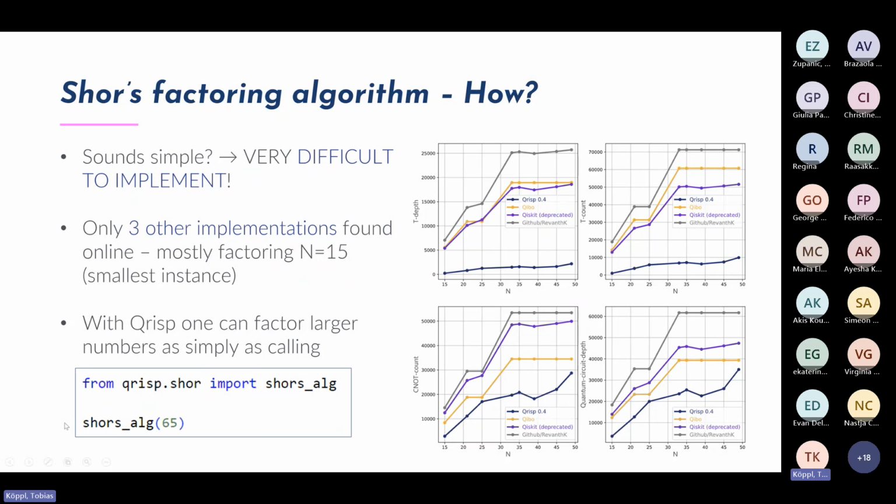Our results show, if you look at these graphs here, compared to other software, we need a minimal T depth for our circuits, T counts, and the whole quantum circuit depth is in our case always the lowest one compared to other platforms.